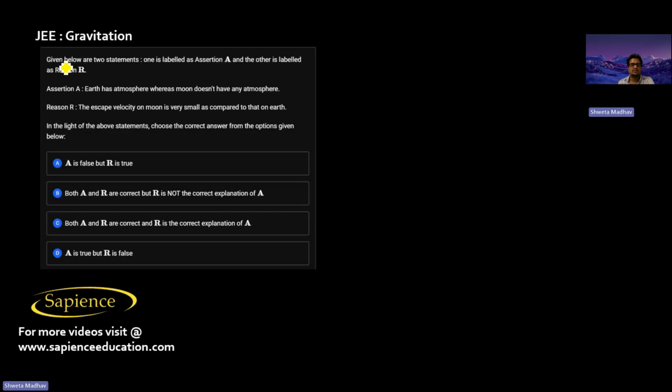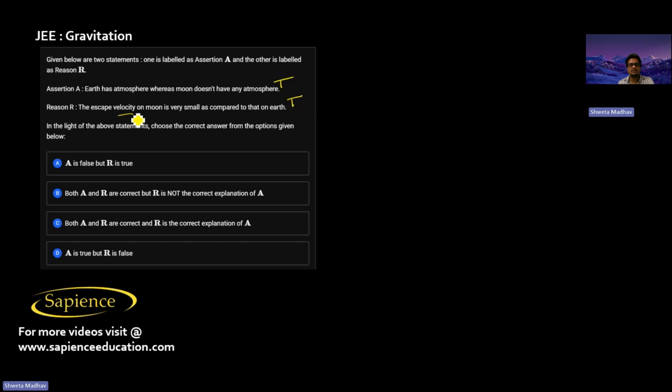Then it is told, given below are two statements. One is given as assertion, the other is the reason. The assertion is that Earth has atmosphere, whereas Moon doesn't have any atmosphere, which is true. The reason is that the escape velocity on Moon is very small as compared to the Earth, which is also true.